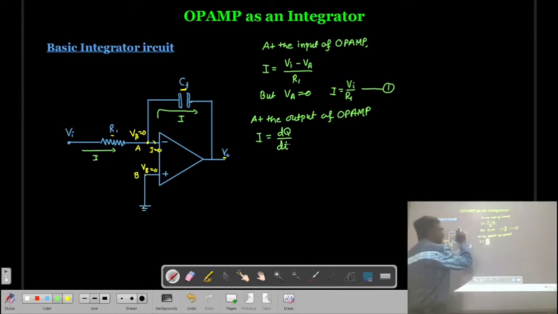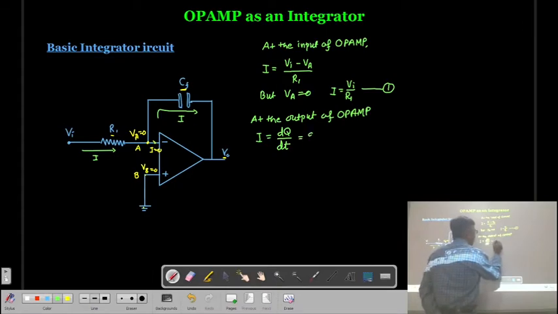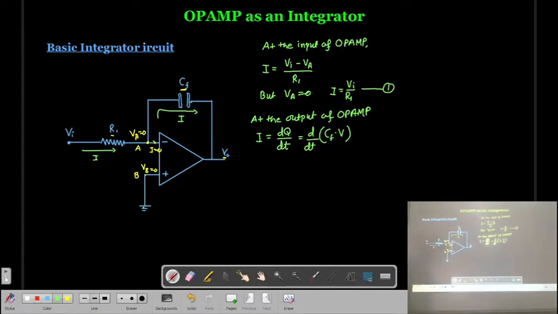That is the charge on the plate of the capacitor. We have a standard formula for the capacitor, that Q is equal to CV. So here we can write CF into V, where V is the potential drop across the capacitor. Here the potential is VA on one side and VO on the other.